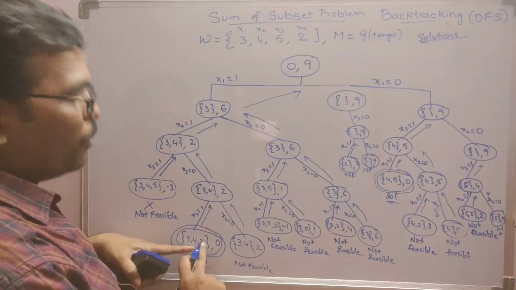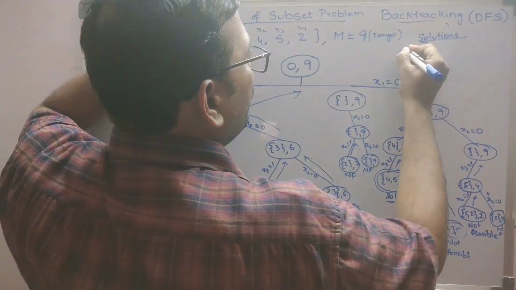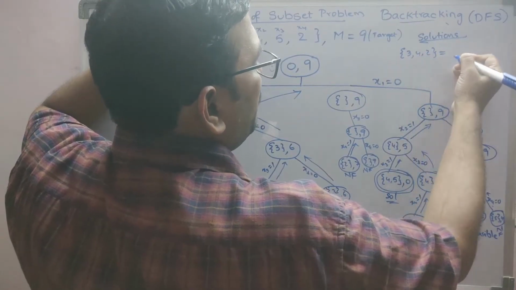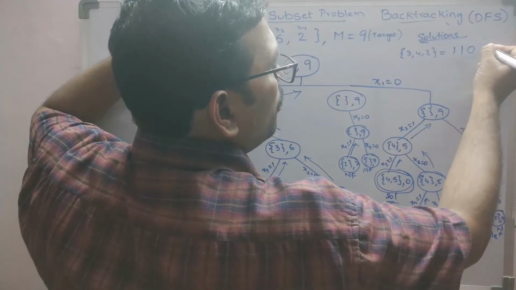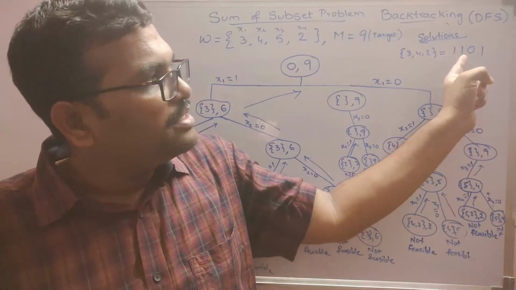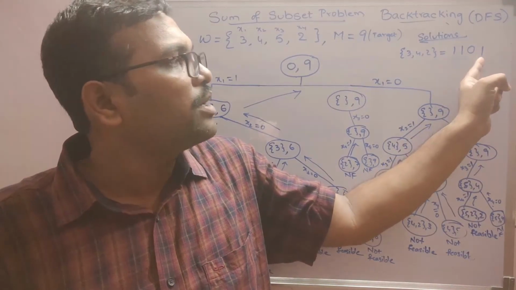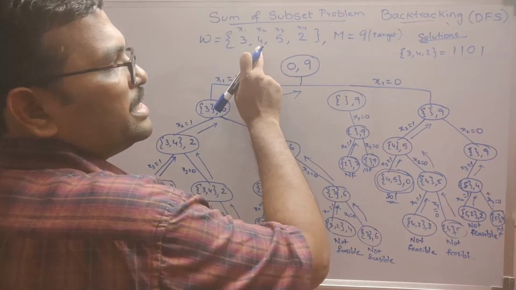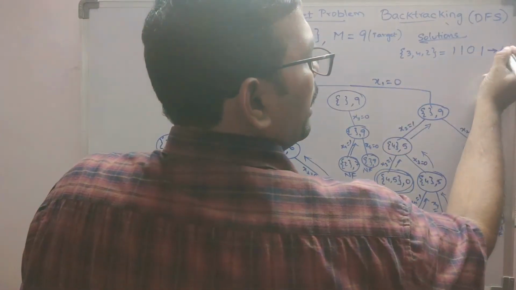So one is 3, 4, 2, which can be represented as 1, 1, 0, 1. There are 4 elements. We are considering the first element, second element, and we are not considering the third element, and again we are considering the fourth element. So 3 plus 4 is 7, plus the fourth element 2, total becomes 9.